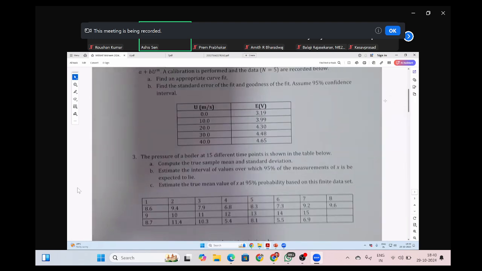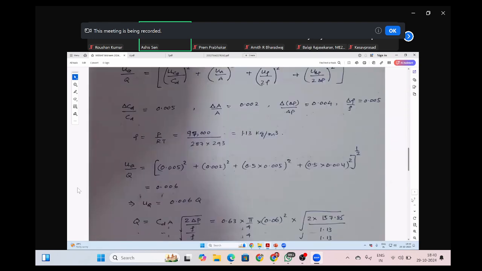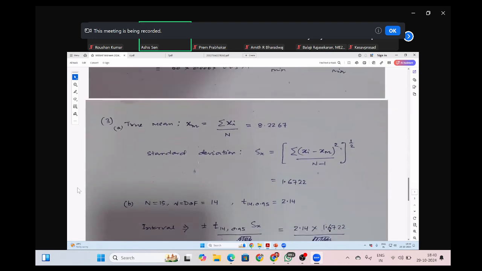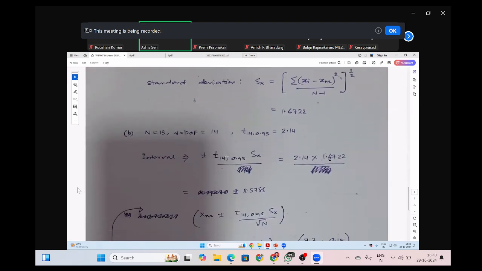The second bit is to estimate the interval over which 95% of measurements will lie. So for that you need to get the t value. Here n is 15, and so the degrees of freedom is 14, and it says 95% of values. So you have t 14, 0.95. From the t table, you will read this as 2.14.